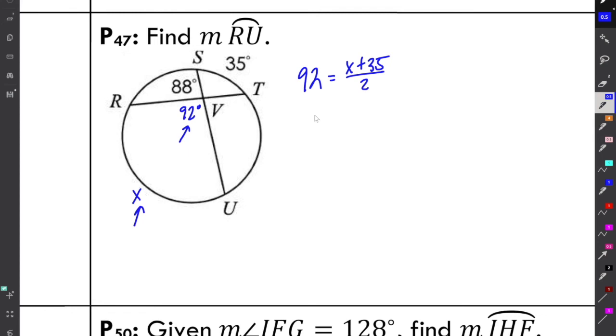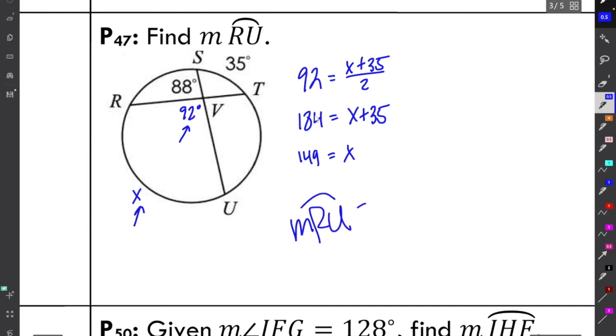So we'll multiply both sides by 2 first. 92 times 2 is 184. So you get 184 equals x plus 35. Subtracting 35 from both sides, you get x is equal to 149, which means that the measure of arc RU is equal to 149 degrees.